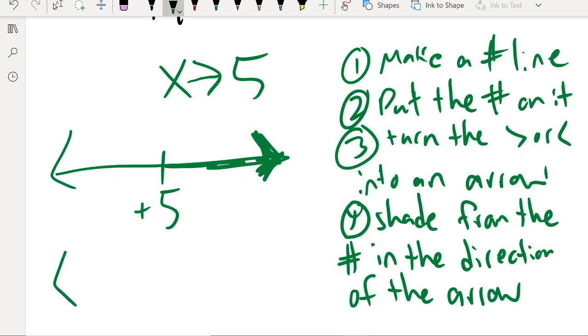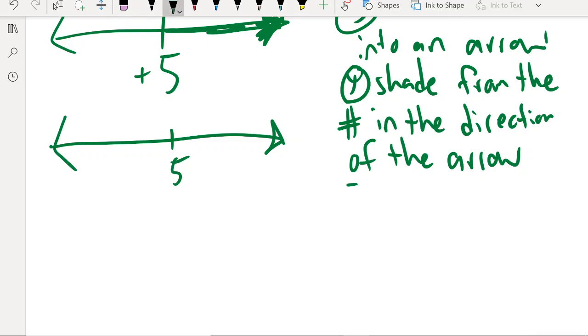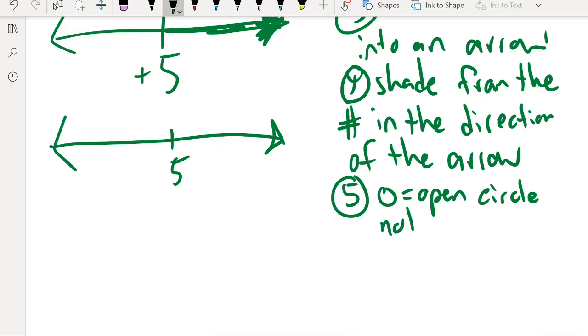Now, let me make two different versions of this. You can do an open circle, which does not equal, so not equal.